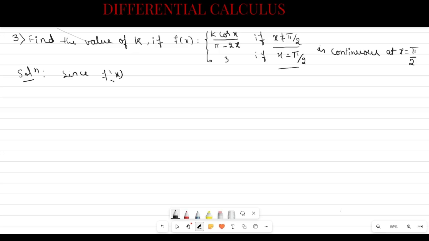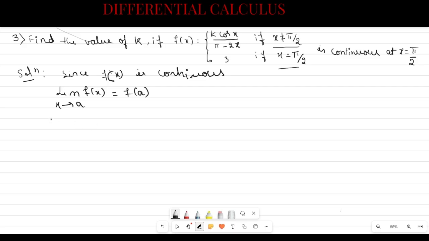Since f of x is continuous, let us see what the limit is. The limit of f of x as x tends to a is equal to f of a. This is the condition since the function is continuous.